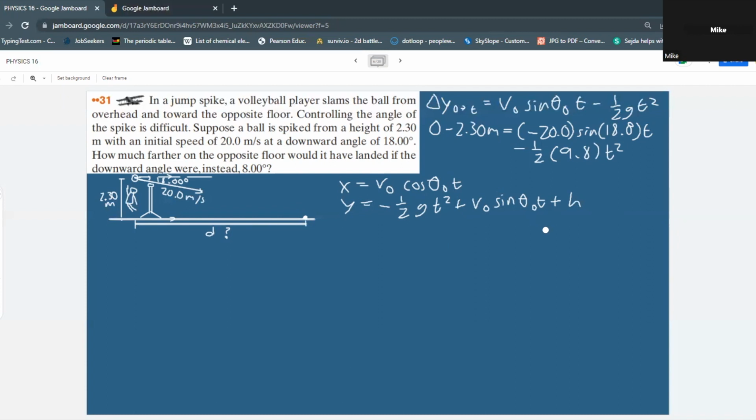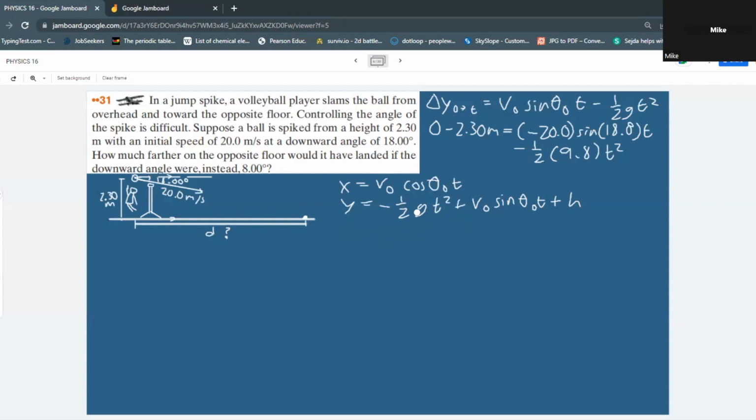Pero, okay, so yan. Ngayon, express y in terms of x. Eliminate mo na yung t. Instead of t, use x and v naught and cosine theta.